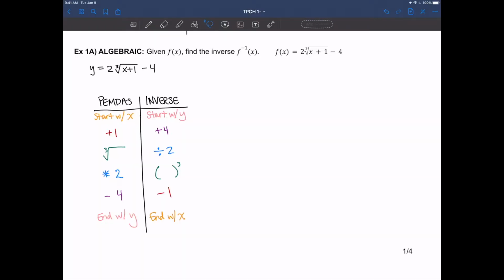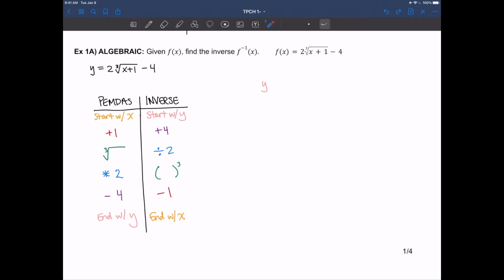All right, so I'm going to show you a shortcut method, and then I'll show you the long way that you're probably more used to, and you can decide how you want to do this. The shortcut method is me following these instructions here to write my inverse. Okay, so I'm going to start with y.